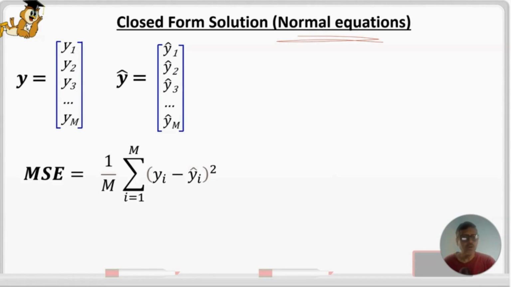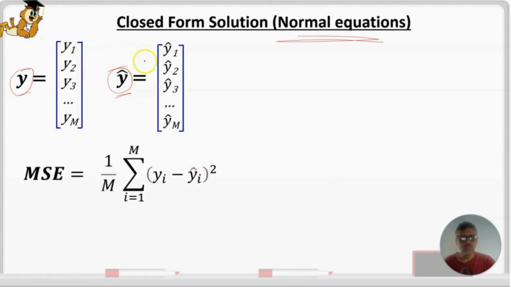We are going to define these two vectors, y and y hat. They are the vectors of the outputs. y is the vector of values computed from your linear model for certain values of w, and y hat is the vector of your observed dependent variable.